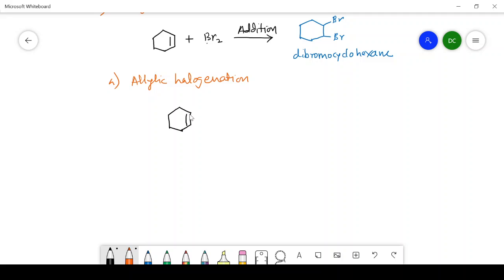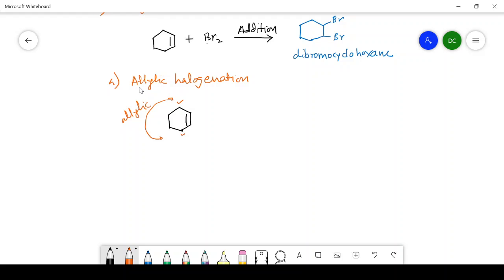In this cyclohexene, this is the carbon-carbon double bond, and next to this, these carbons, either this carbon or this carbon, these two carbons are called allylic carbons. So this is the allylic position in cyclohexene.